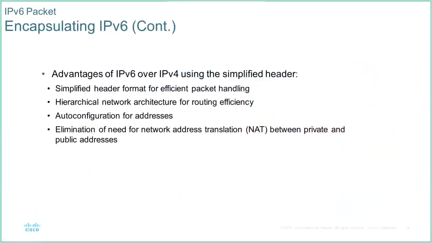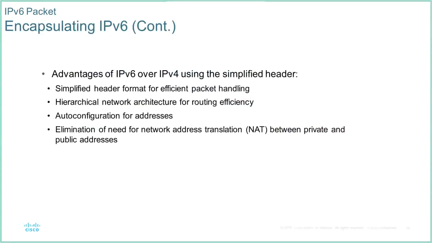So simplified header means it's more efficient in processing. It allows for auto configuration of addresses. This is where I said the first 64 bits is the network portion and the last 64 is the host. We can make that auto assign the host portion, and that speeds up the process considerably.